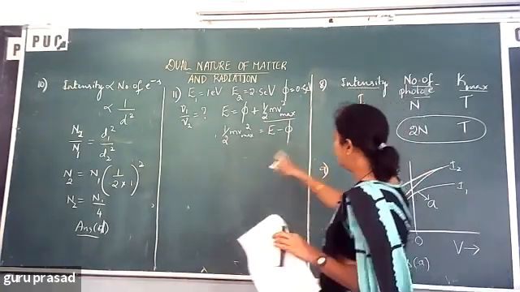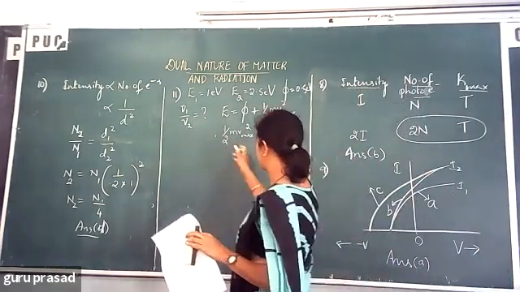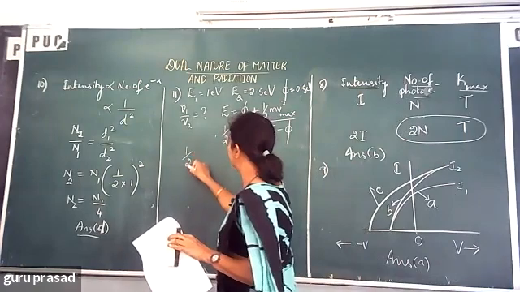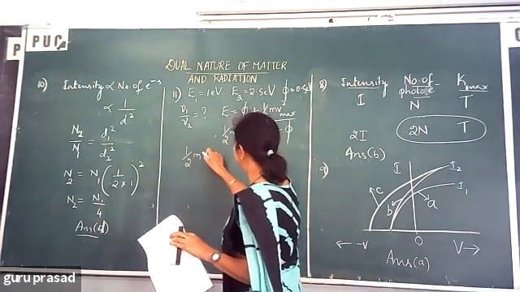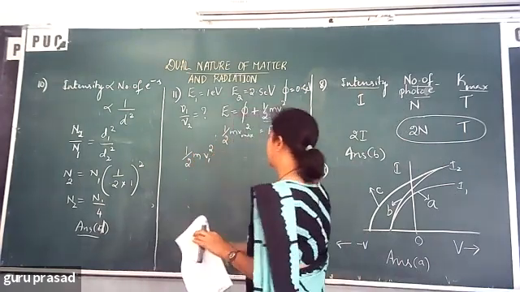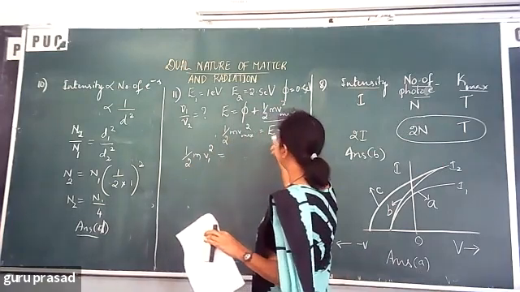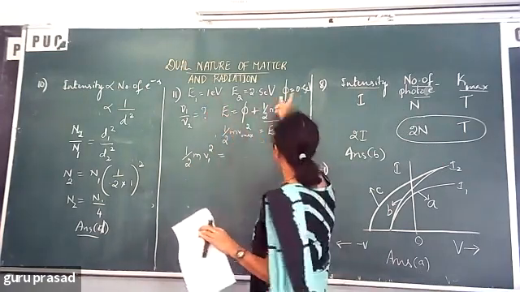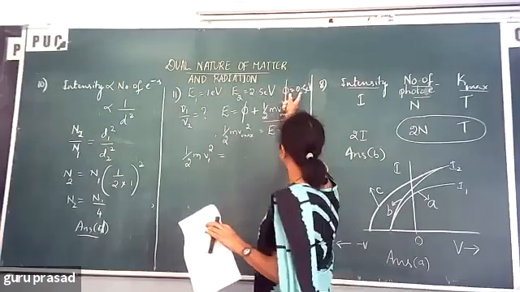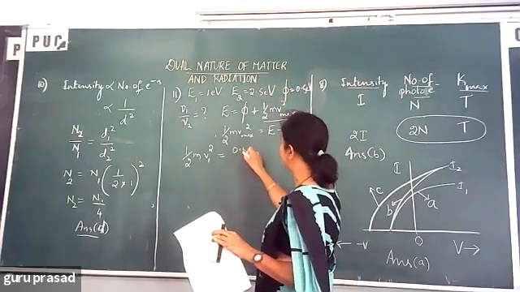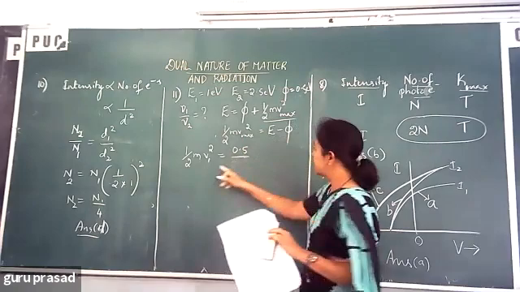For the first case, half m v1 square is equal to E1 minus phi, which is 1 minus 0.5, that is 0.5.